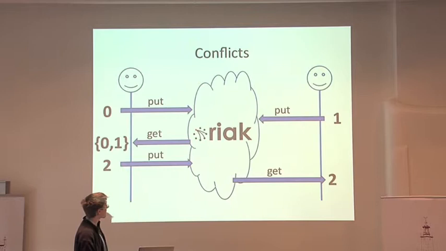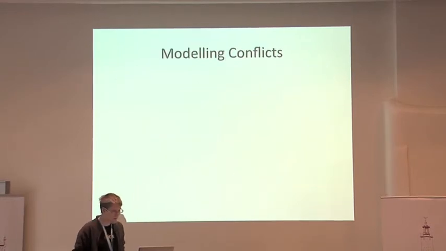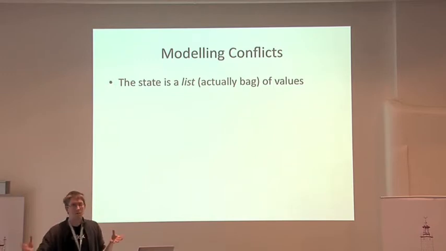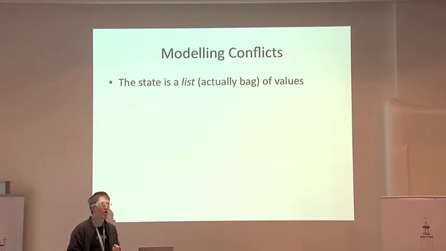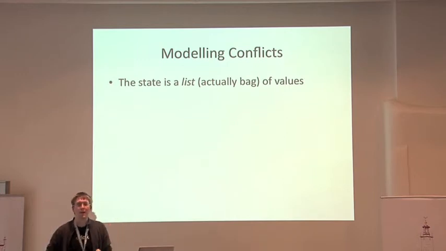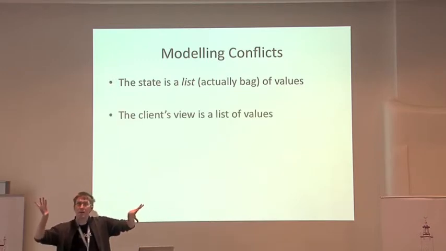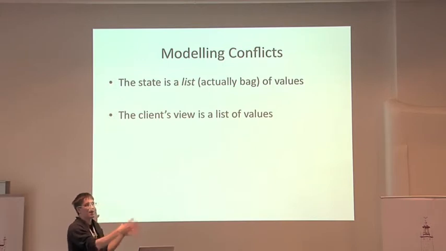So the way we're going to model that is, instead of just keeping a single value in the state, in the model, we'll keep a list of values or a bag of values, keeping track of all the possible conflicting values that we have at any one time. And then each client has a separate view on what's in the database, which will also be a list of values which can be different from what's actually in the database.